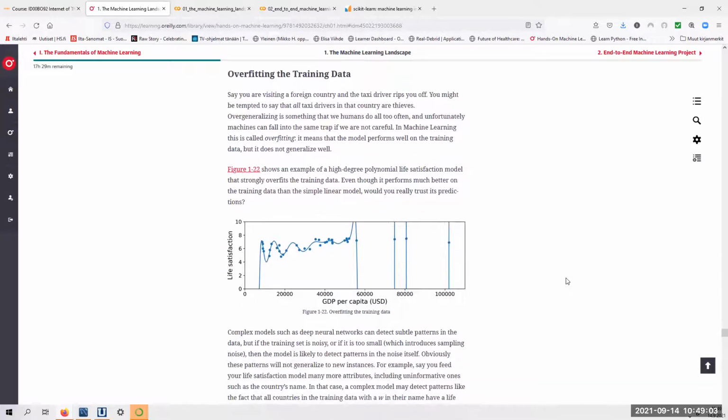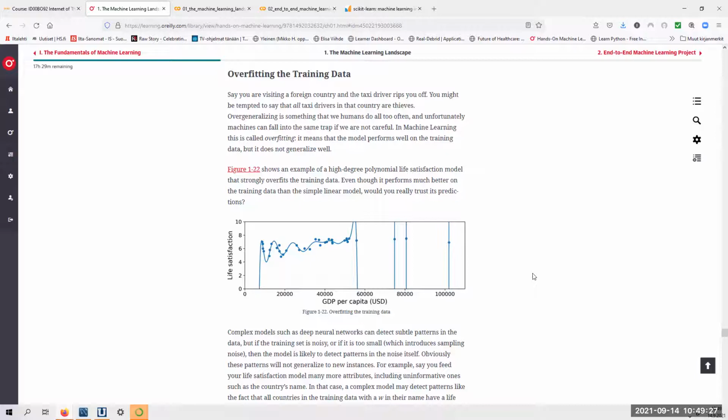Then about bad algorithms. Here is an example of overfitting. In this case, you have some very high-level polynomial which you have fitted to this dataset. So of course it goes through almost every point in the data.